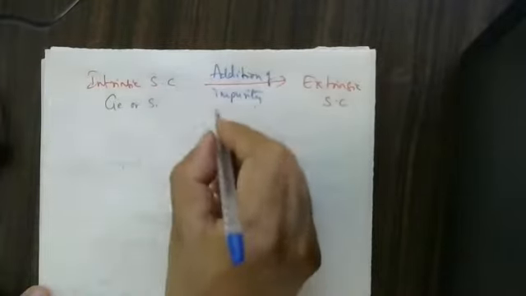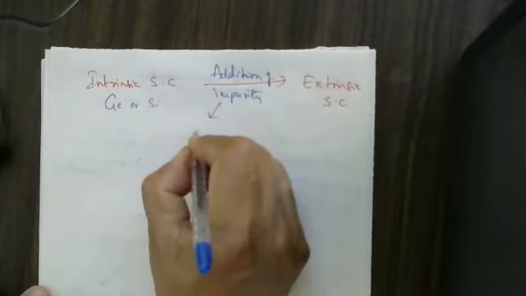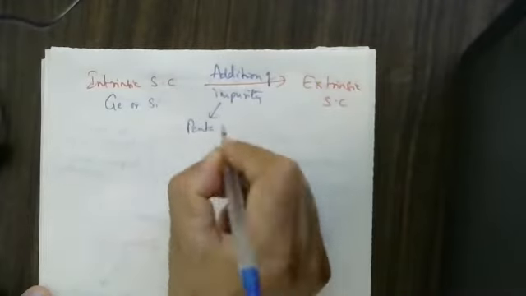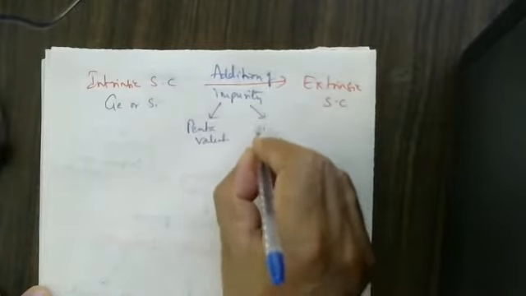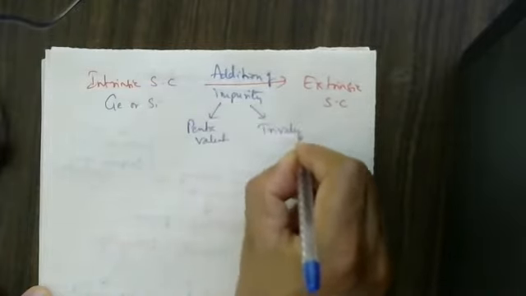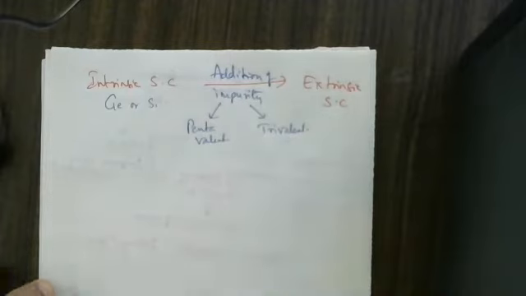The addition of impurity, which is that? Either it is germanium or silicon, the added impurity is either pentavalent or trivalent.